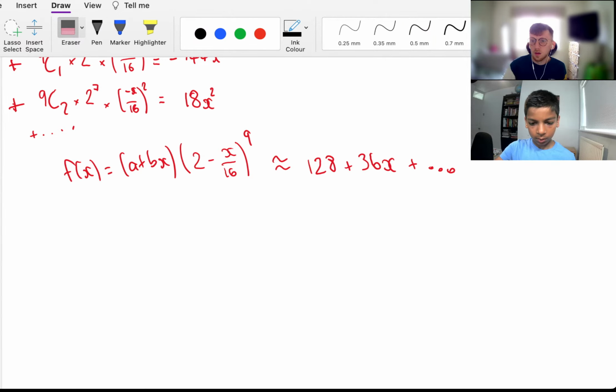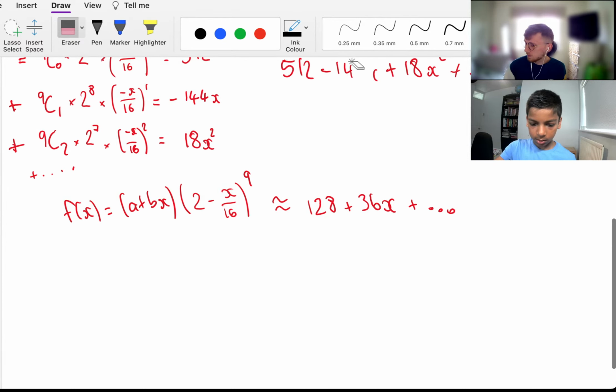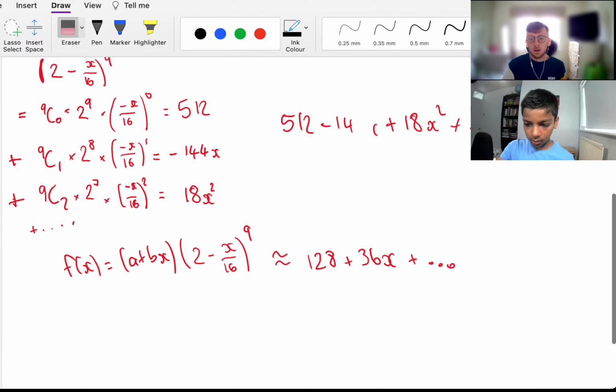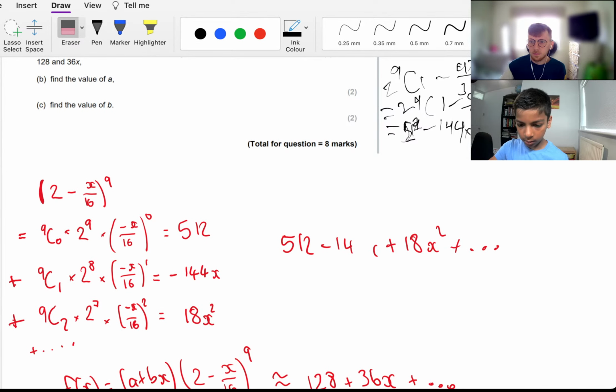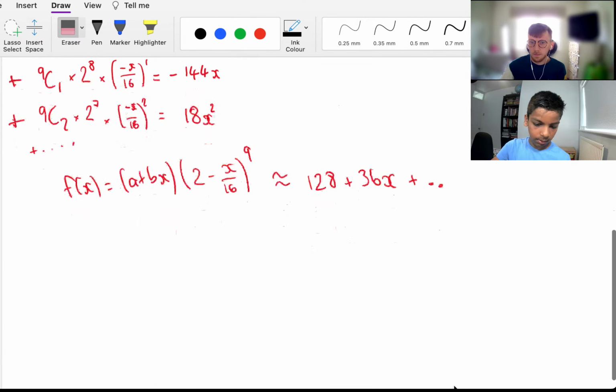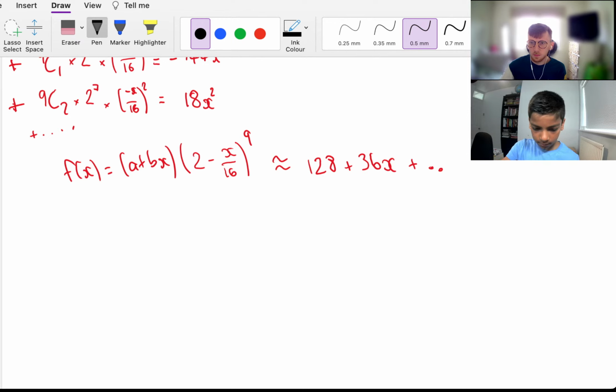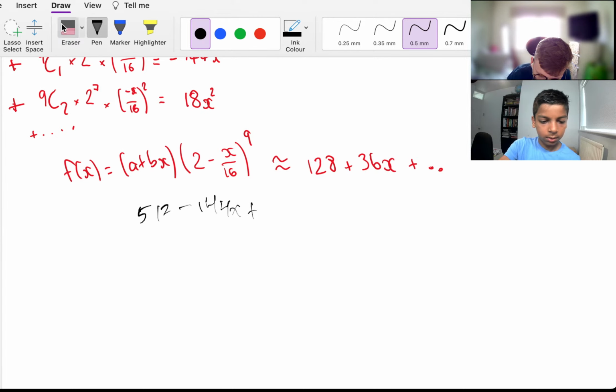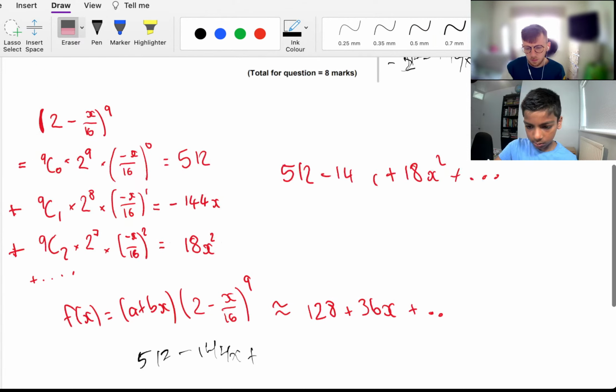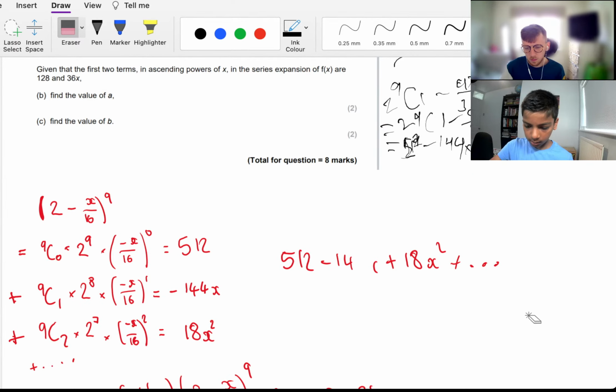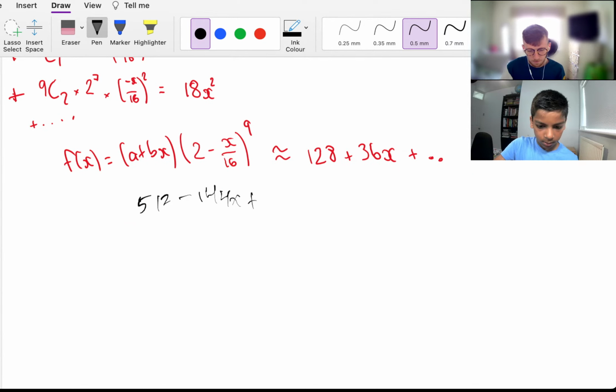So we worked out that 2 minus x over 16 to the power of 9 was 512 minus 144x plus 18x squared. So we're using our part A, spot on.